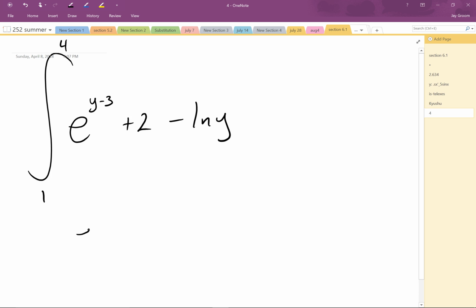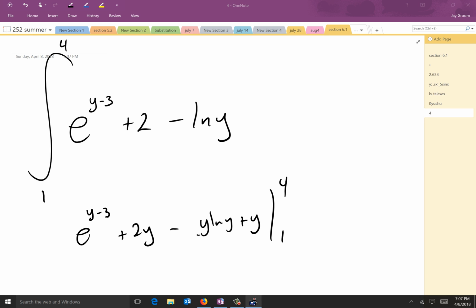So, this will just be e to the y minus 3 plus 2y minus, and then this will actually be y ln of y minus y, which will be negative and positive when we distribute. I bet it works. That's embarrassing.